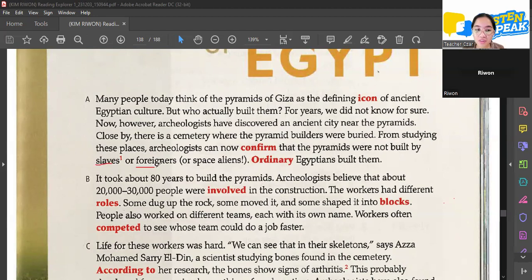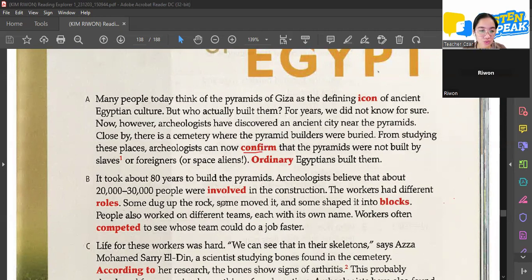But because of the archaeologists who discovered the city near the pyramids, there is a cemetery where the pyramid builders were buried. From their study, they now confirm that the Pyramid of Giza was not built by slaves or foreigners, but by ordinary Egyptians.